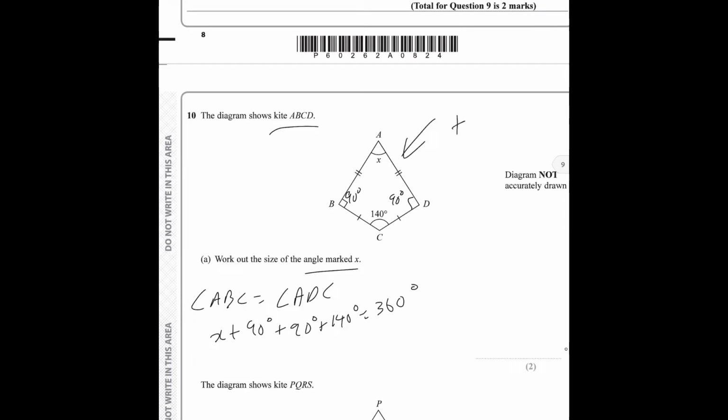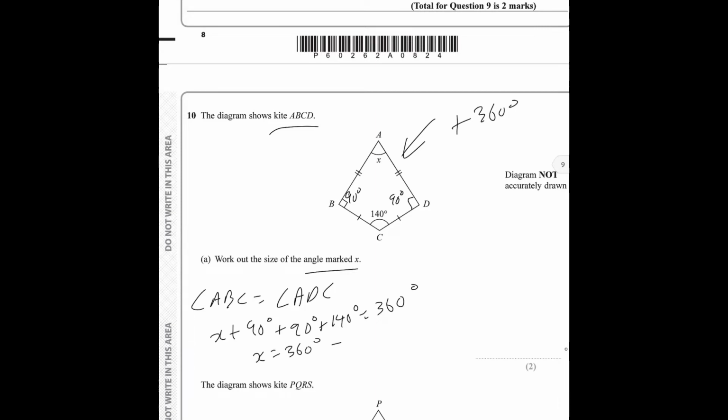Work out the size of the angle marked X. Now the angle marked X here, this shows a kite, and we know that angle ABC is equal to angle ADC. Since there is only one pair of equal opposite angles, these both are equal. That's a rule of the kite. What you need to do now is add all of these values together. That's going to be equal to 360 degrees, because the angles in a quadrilateral all add up to 360 degrees.